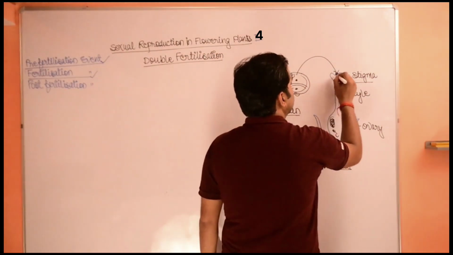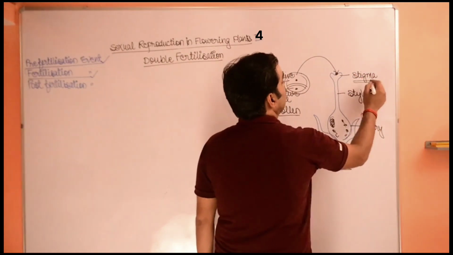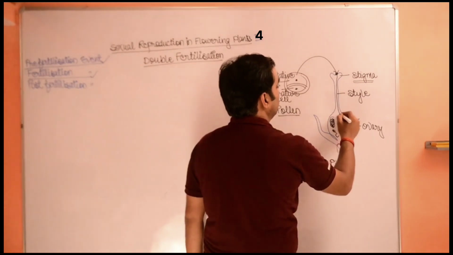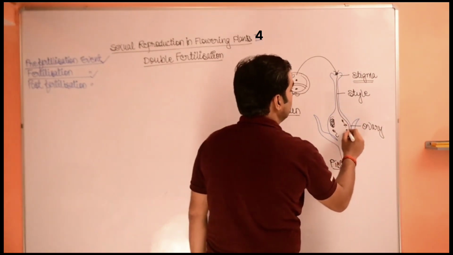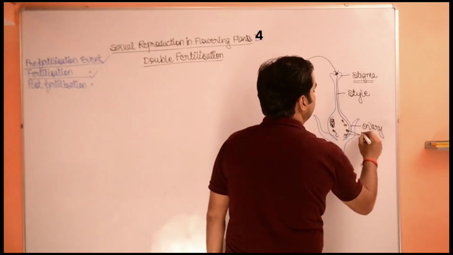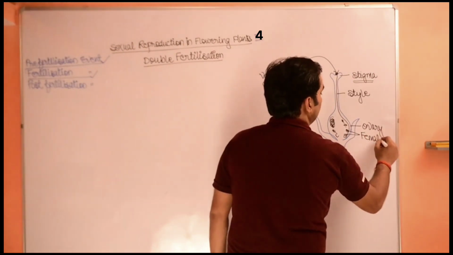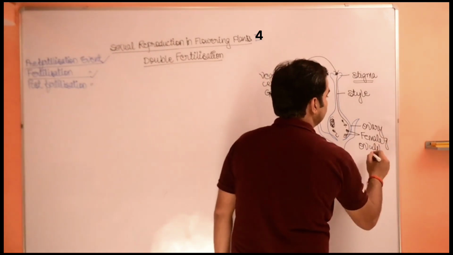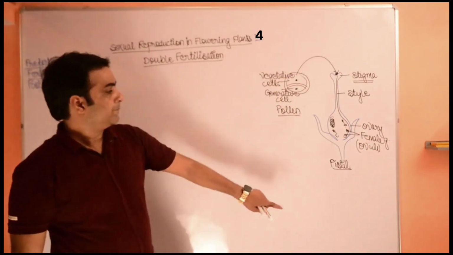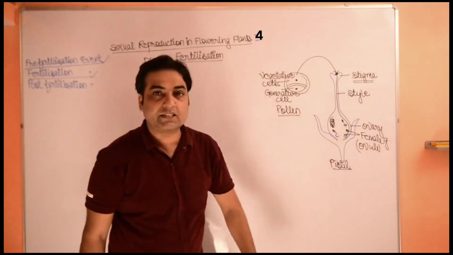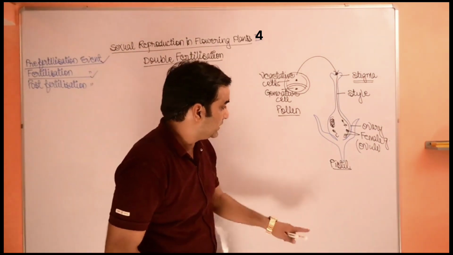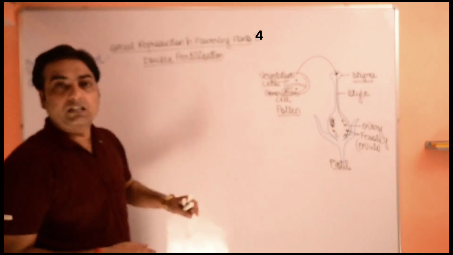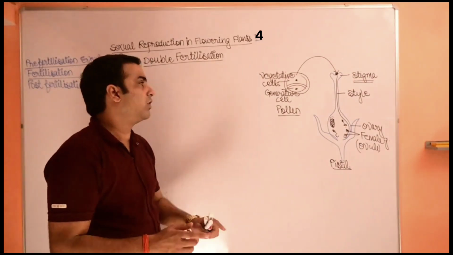By several means it can strike on the stigma, and it makes a pollen tube. Through the pollen tube it reaches the female gamete present inside the ovule, which has to be fertilized.